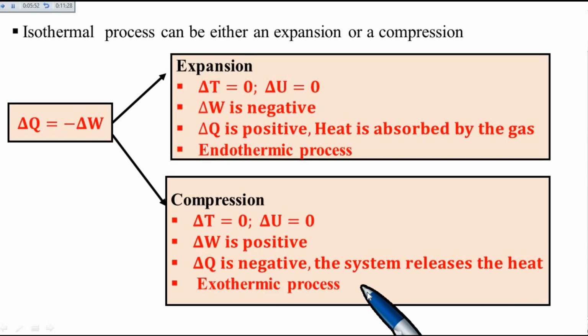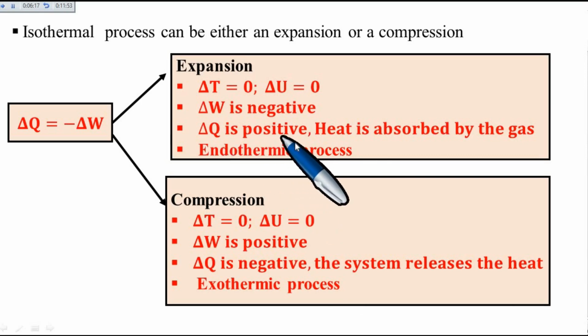So when you have an expansion, because you have an isothermal process, dT is equal to 0, and internal energy change is also equal to 0, because dU is equal to nCv dT, and dT is equal to 0. This internal energy change is 0. The dW is negative for expansion, and for compression, dW is positive.